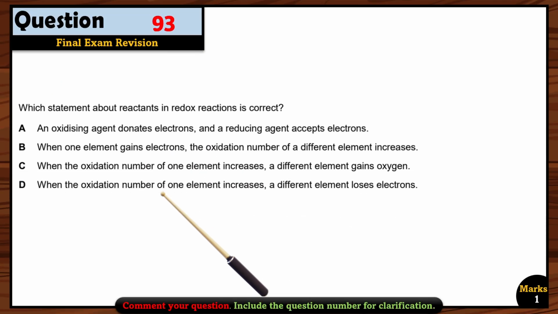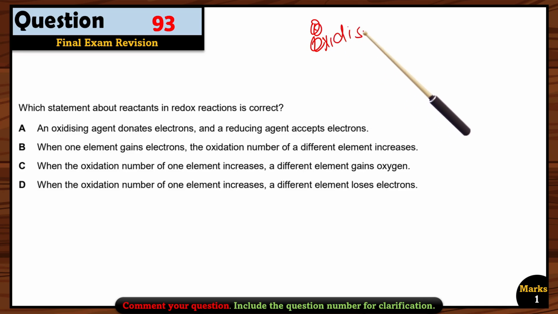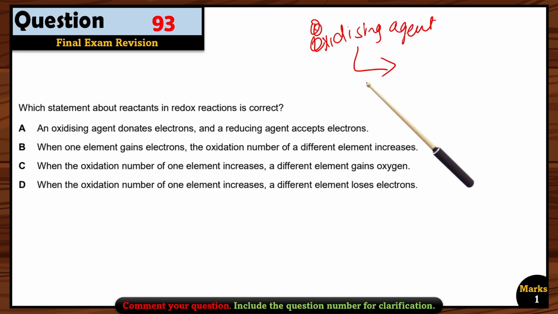Let's see question 93. Which statement about reactants in redox reactions is correct? Okay, so now this question is related to oxidizing agent and reducing agent. If you remember, the oxidizing agent will always be the opposite. An oxidizing agent means anything that is reduced itself but is oxidizing another one.